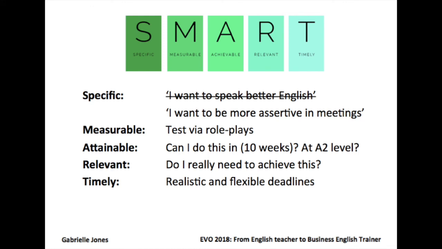Is it realistic within the time frame that I've got? And can I make my deadlines flexible if I don't achieve it within the time frame given? So following SMART goals and getting people to make concrete, very specific objectives at the start of a course and as part of a needs analysis is essential for motivating people to move towards success.